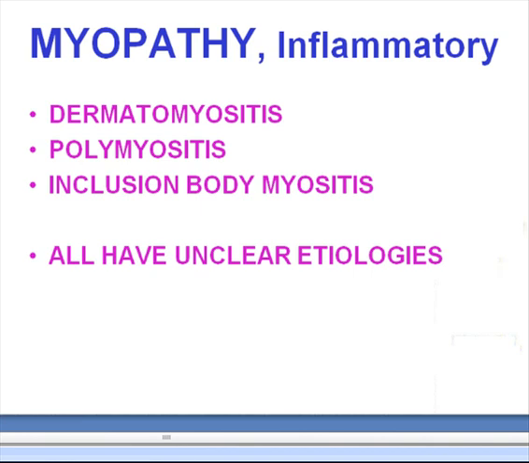And if you were to look at these muscles a little bit closer, you'll see that very often the brunt of the inflammation is around blood vessels as well. But in a disease now called polymyositis, you can have inflammation in the muscle, but the inflammation looks like it's around the endomysium.